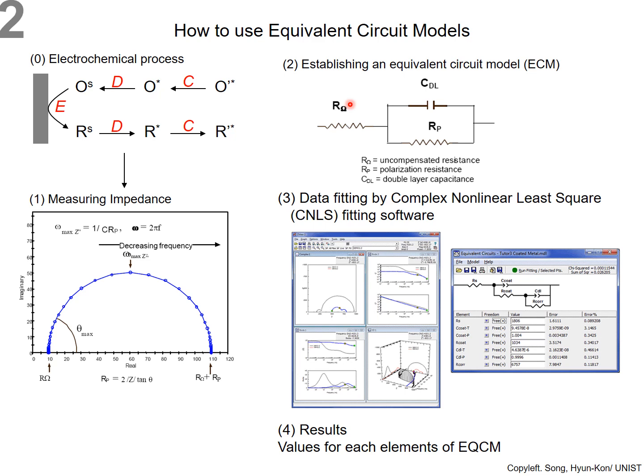So any analysis could be given based on the values of the parameters of the equivalent circuit model. That is the overview of how to use equivalent circuit models to analyze the experimental impedance spectra.